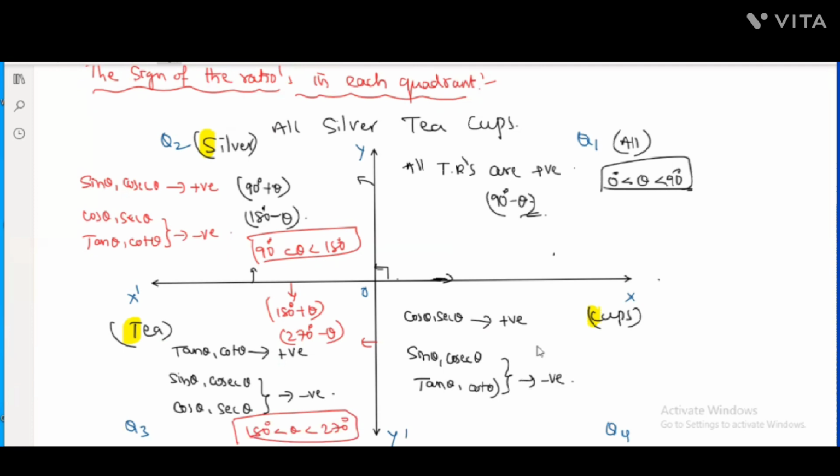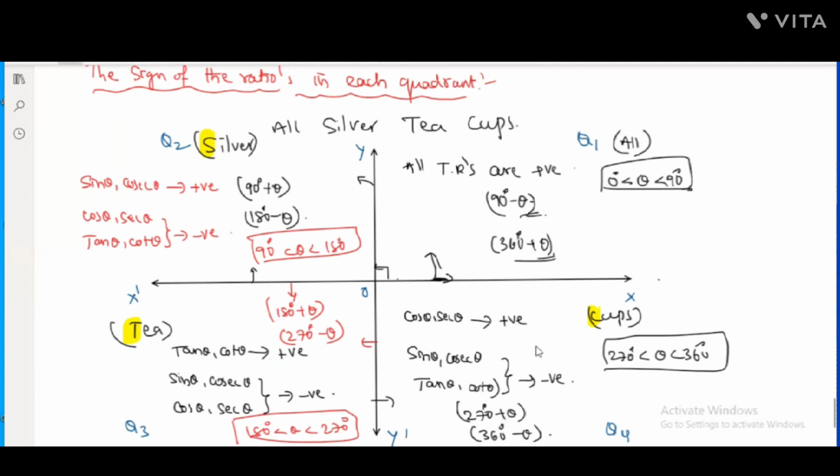Which kind of angles do we take here? Greater than 270, that means 270 degrees less than theta, less than 360. It lies between 270 and 360. So that means 270 degrees plus theta and 360 degrees minus theta. If the angle completes one rotation and proceeds again, it means 360 plus theta.